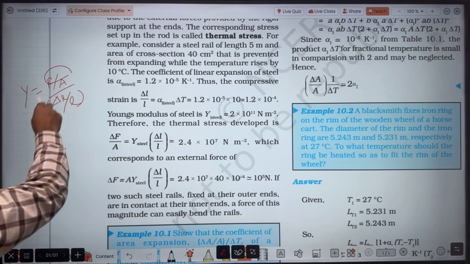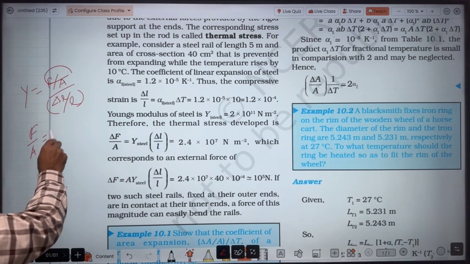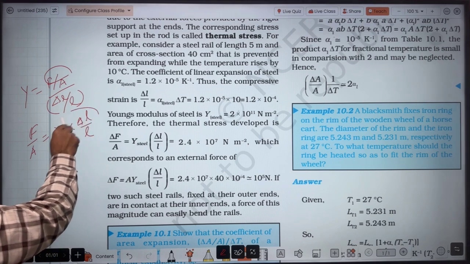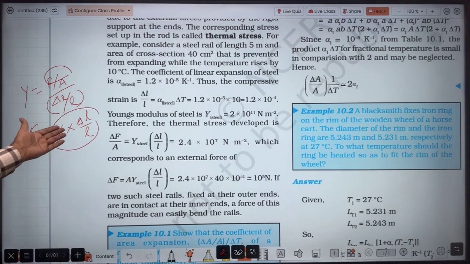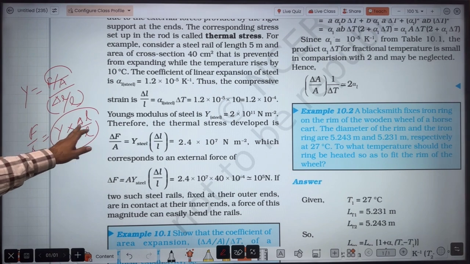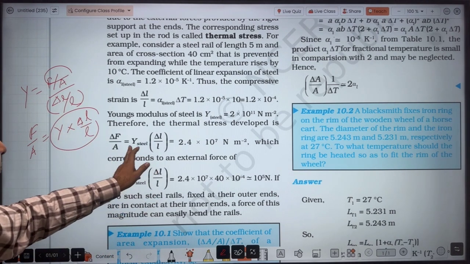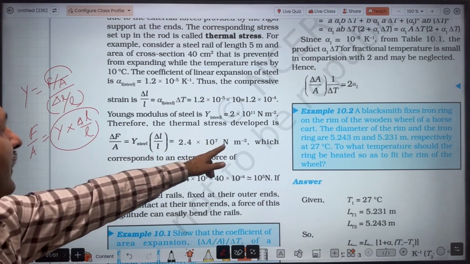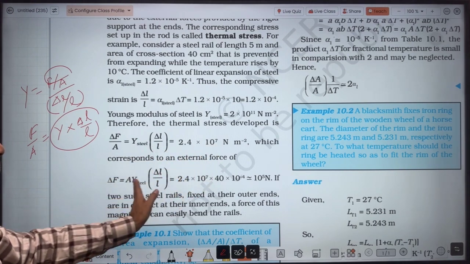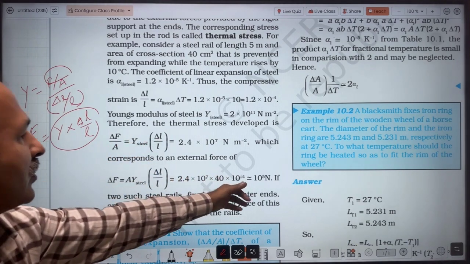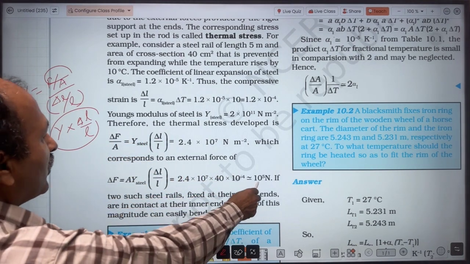We want F upon A, so F upon A is Y times delta L upon L. And you know delta L upon L is alpha times the temperature difference, so we write that value here. So Y steel into delta L upon L gives this, which corresponds to the external force. To find delta F, you multiply by the area. So this much force will be there.